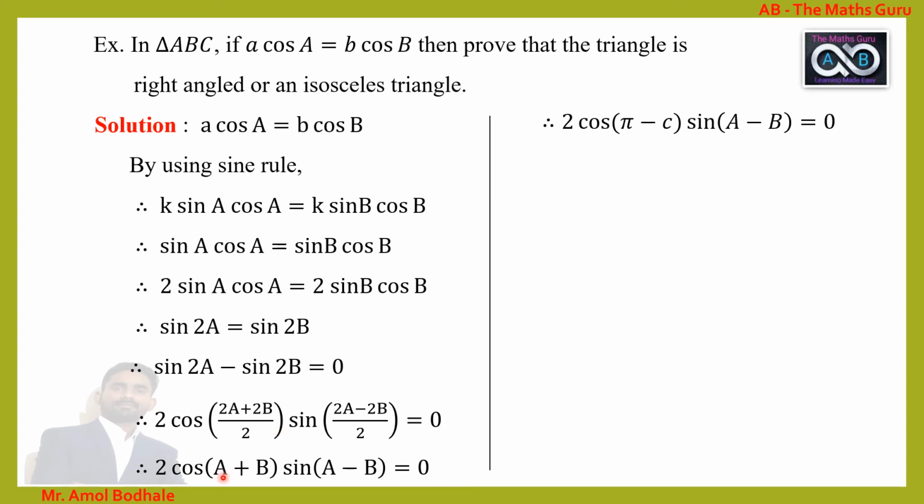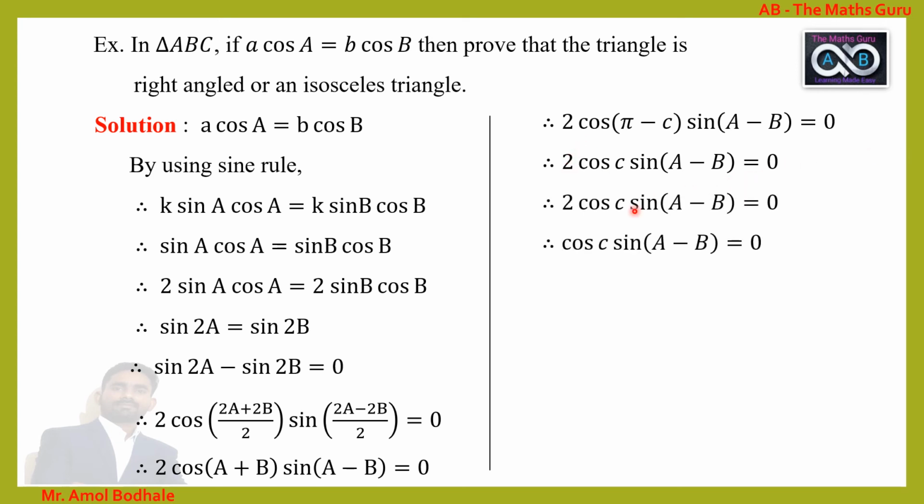Here this angle a plus b can be written as pi minus c, as we know a plus b plus c is pi. So a plus b can be written as pi minus c, and cos of pi minus c is minus cos c, and if we cancel 2 from both sides, we'll get cos of c into sine of a minus b equal to 0.